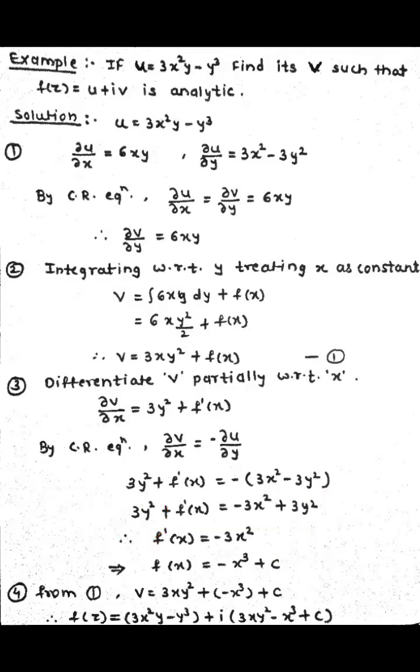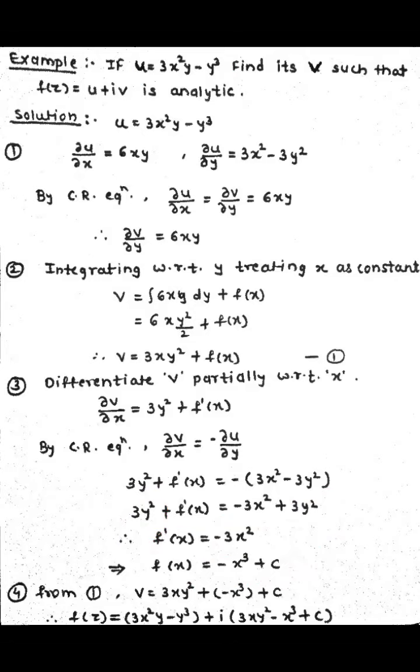So after getting f'(x), we can immediately find f(x) just by taking integration. The integration of minus 3x² with respect to x is minus x³, plus the integration constant c.